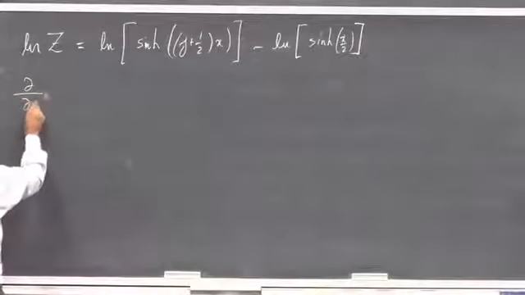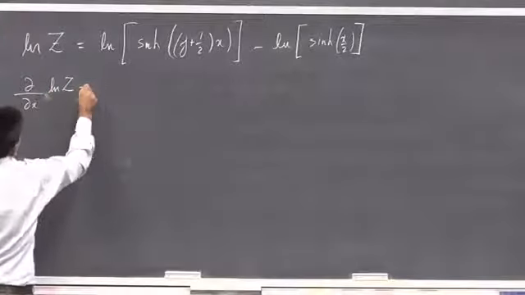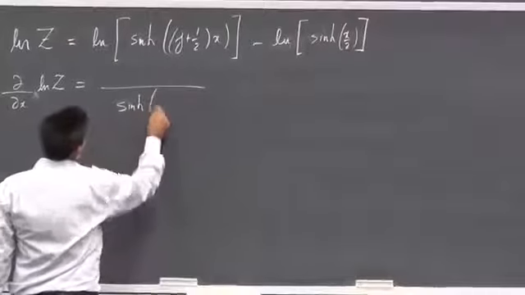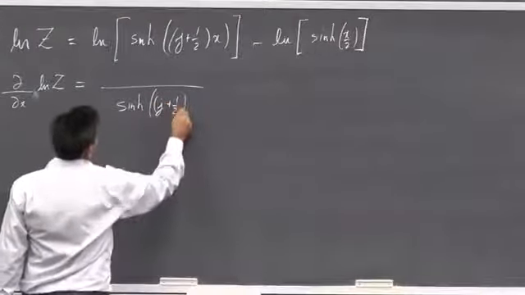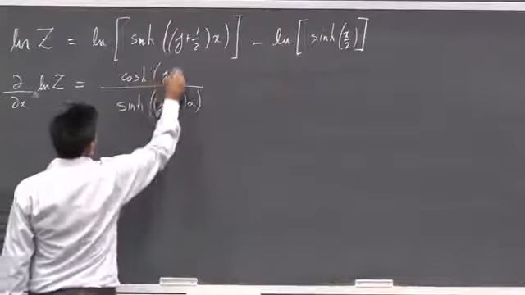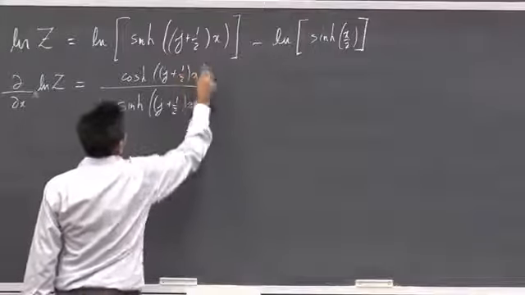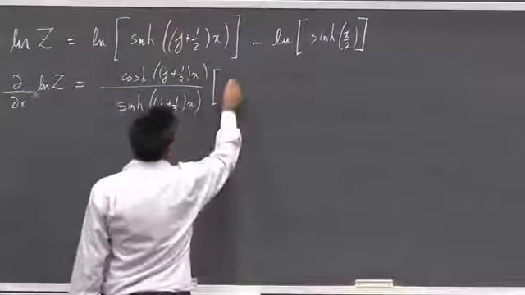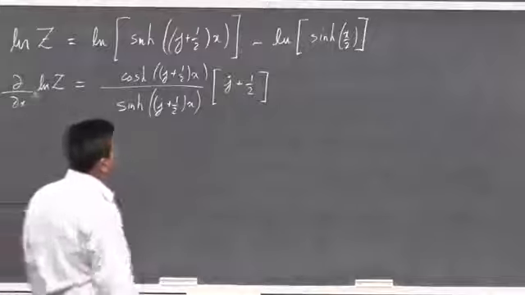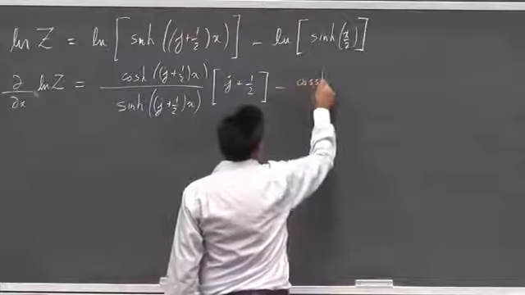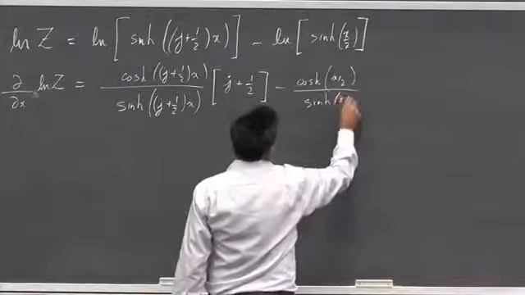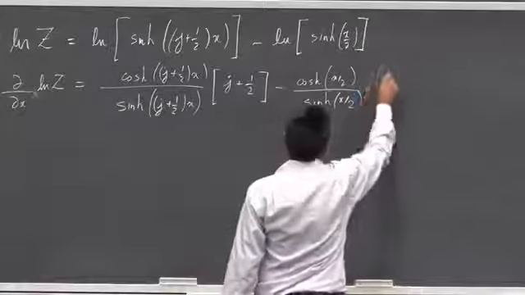The derivative with respect to x of natural log of z is: sinh of j plus half x, whose derivative is cosine of j plus half x, multiplied by j plus half, minus cosine of x over 2 divided by sinh of x over 2, into 1 over 2.